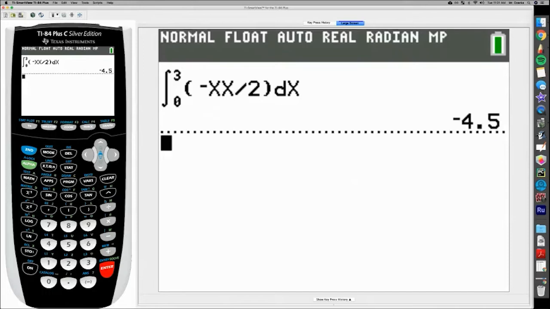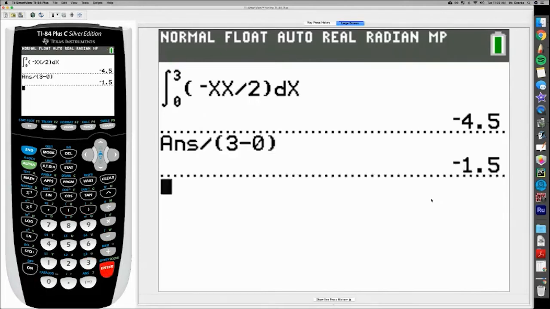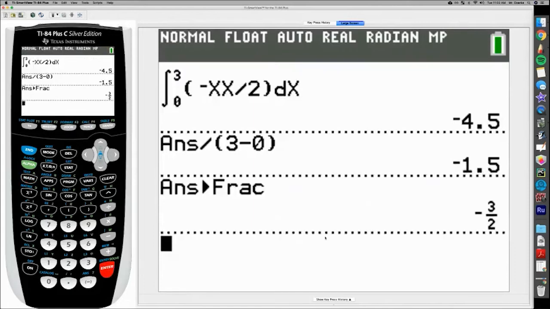That's embarrassing. I forgot to divide by 3 minus 0. You don't need a minus 0, I'm just doing that for fun. There you go. And if you want to get it to a fraction, math frac is your friend. Negative 3 halves. Oh, fun times.